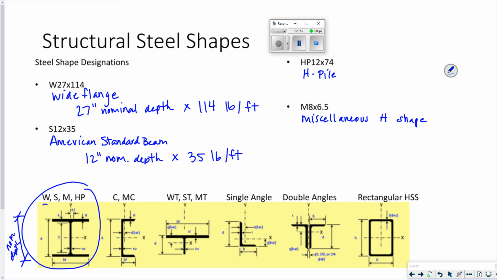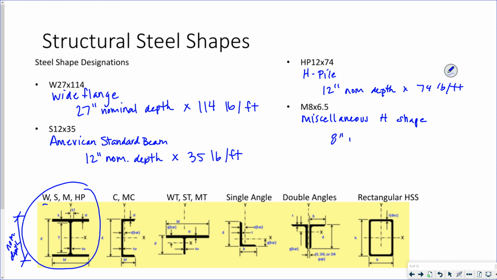My H pile, you've probably figured out my pattern here, right? 12 inch nominal depth, 74 pounds per foot. Eight-inch nominal depth, 6.5 pounds per foot.